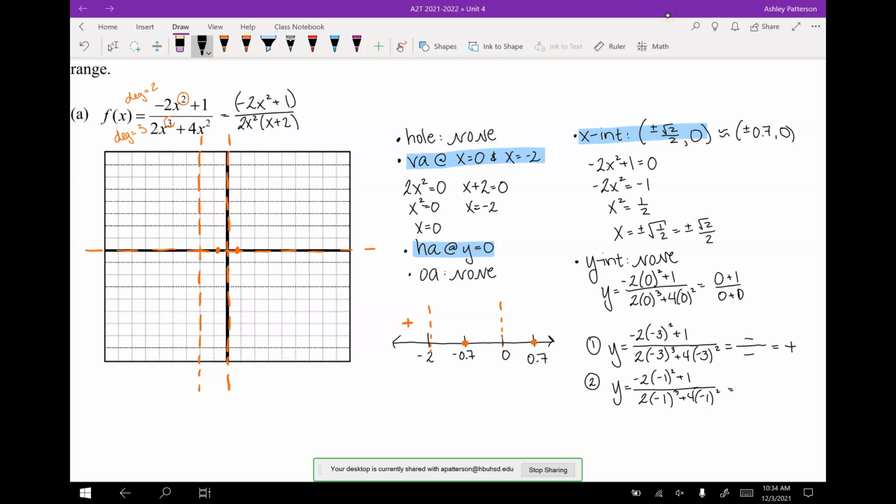Negative. Okay. What about in the denominator? Positive, good. So what is a negative divided by a positive? A negative, excellent. So in that second region, our y values are negative, meaning that the function's below the x-axis.